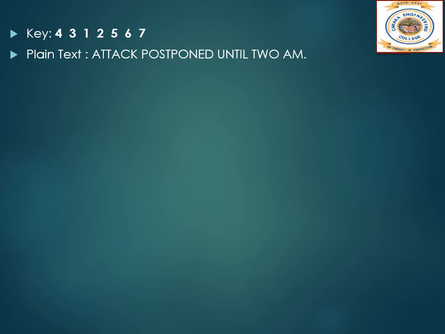So how do we write this? First I will write the key. The key is written above: 4, 3, 1, 2, 5, 6 and 7. Then I go on writing the plain text in the same order.